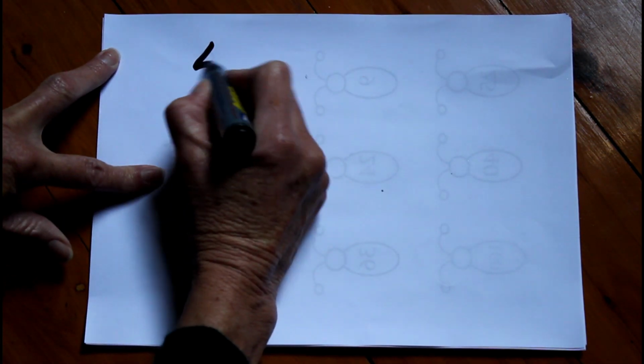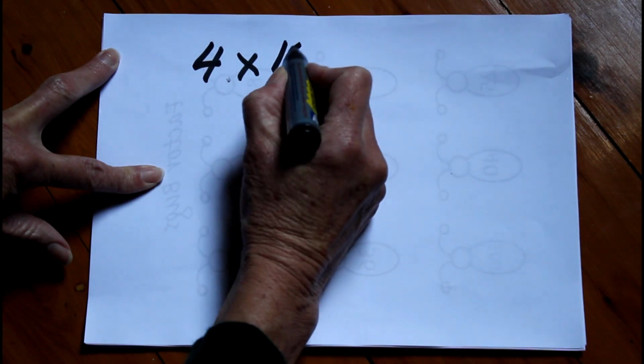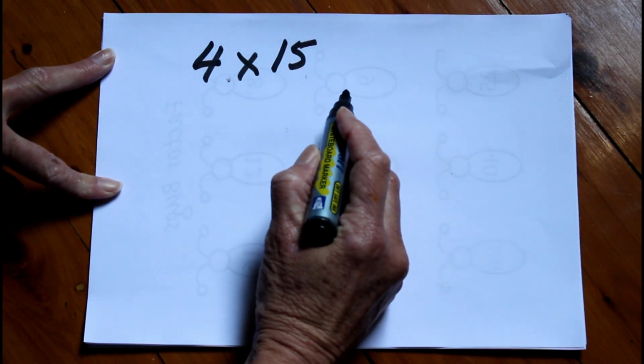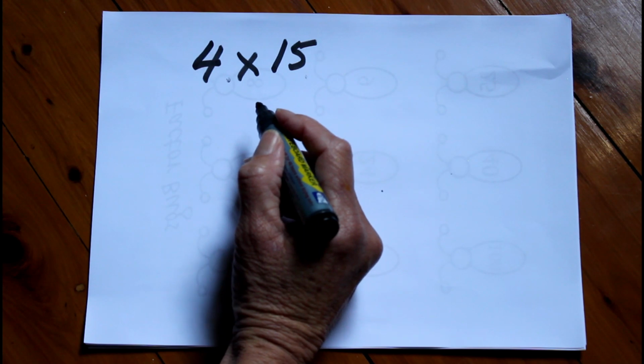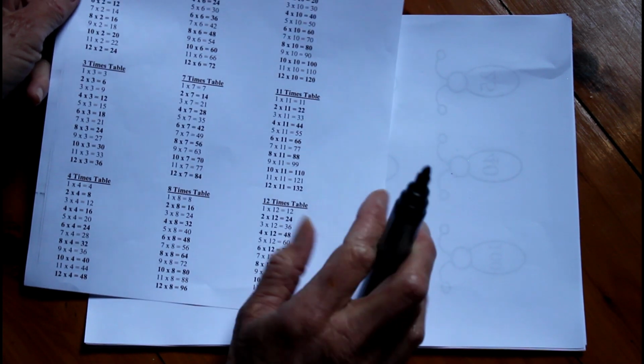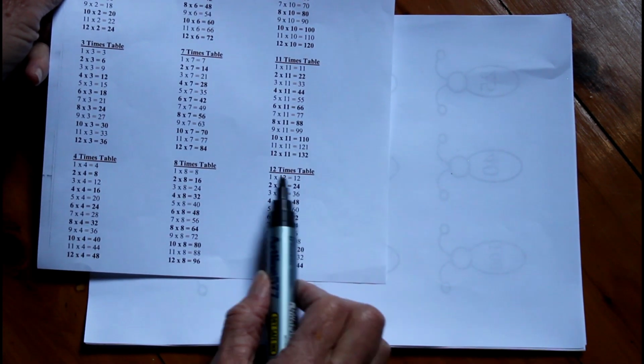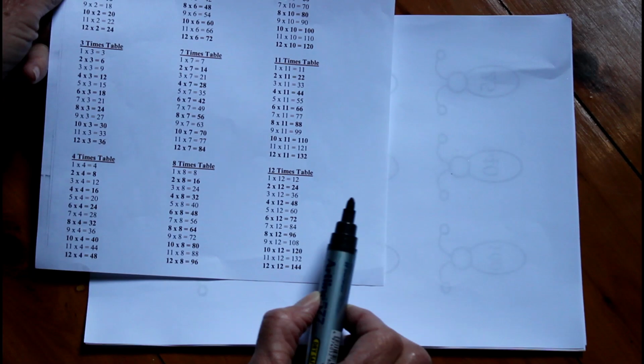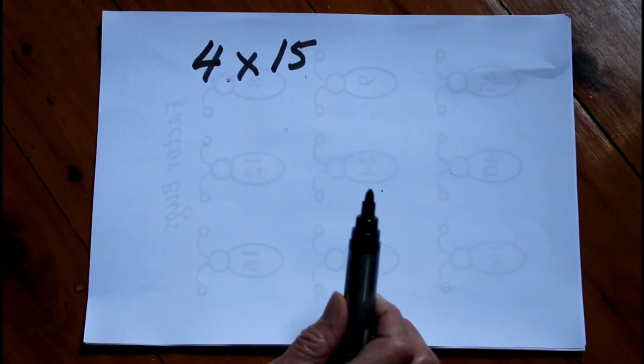Let's say we've got 4 times 15. So again, quite tricky. Our multiplication tables usually just go up to 12, and we know those off by heart. Some of you might even learn times tables that are actually beyond 12, but most of us don't.